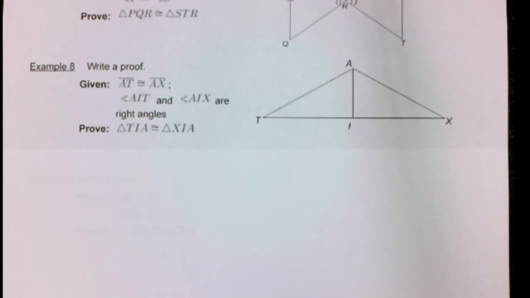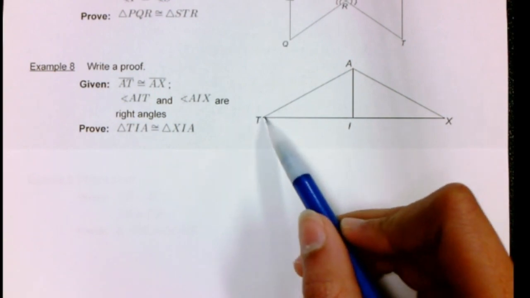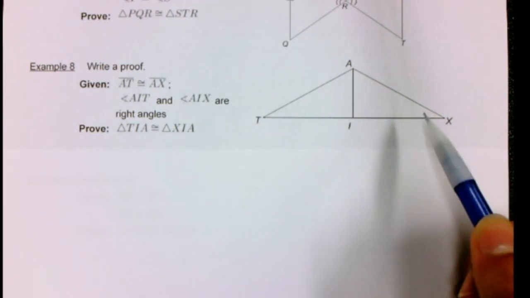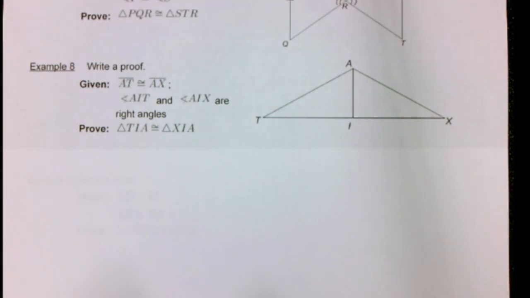Example 8. We have to prove that triangle TIA and triangle XIA are congruent.